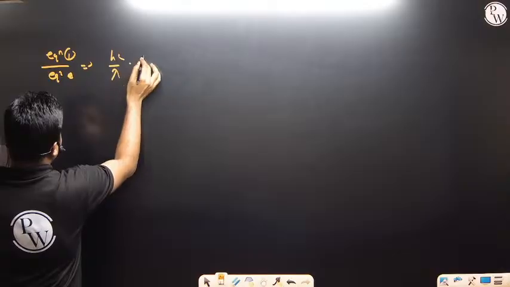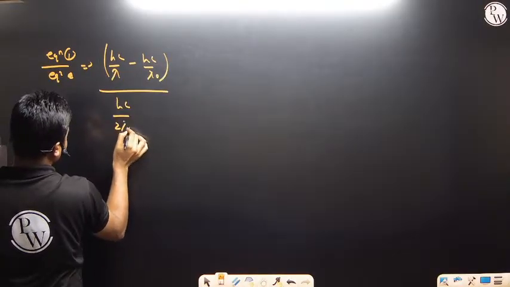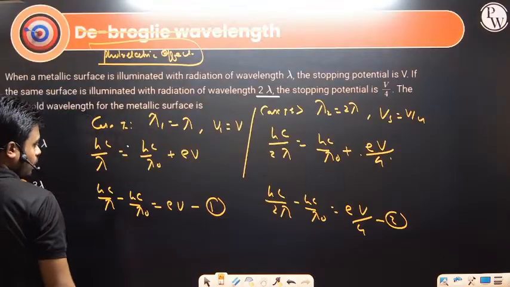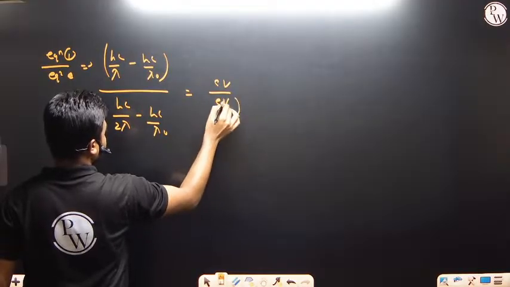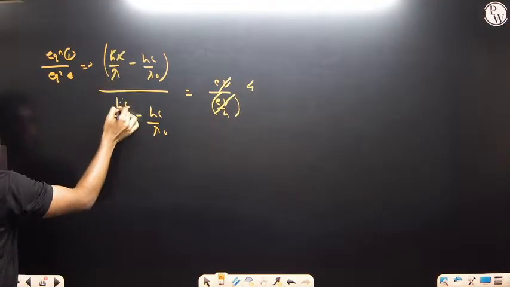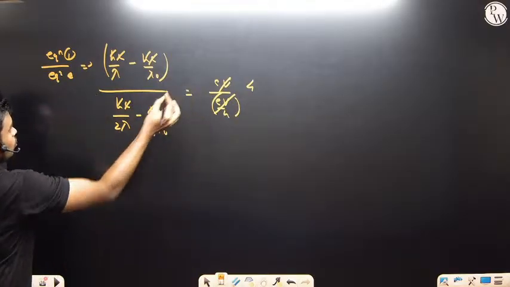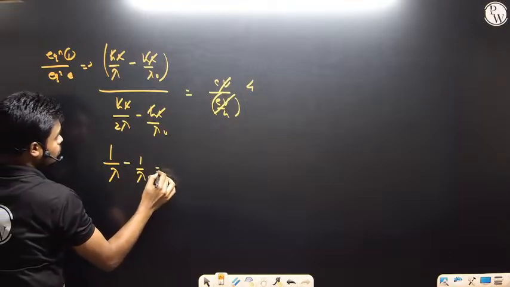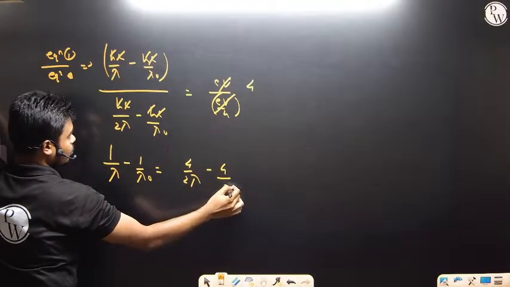Hc by lambda minus Hc by lambda naught divided by Hc by twice lambda minus Hc by lambda naught equals eV divided by eV by 4, so this term will be 4. The Hc gets cancelled. So 1 by lambda minus 1 by lambda naught equals 4 by 2 lambda minus 4 by lambda naught.